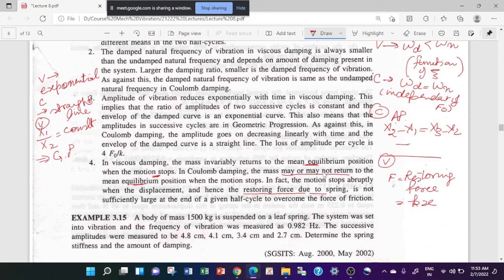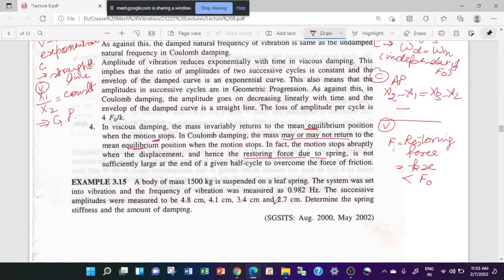When this is less than the frictional force F naught, then the system will come to its stopping condition, and this is the point where the system will be stopped suddenly. Whenever this condition is reversed, the system will keep on moving until the restoring force is equal to or less than the frictional force. This is about this article. Okay.